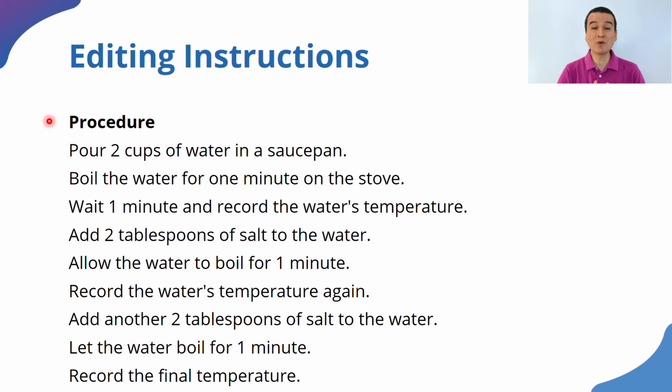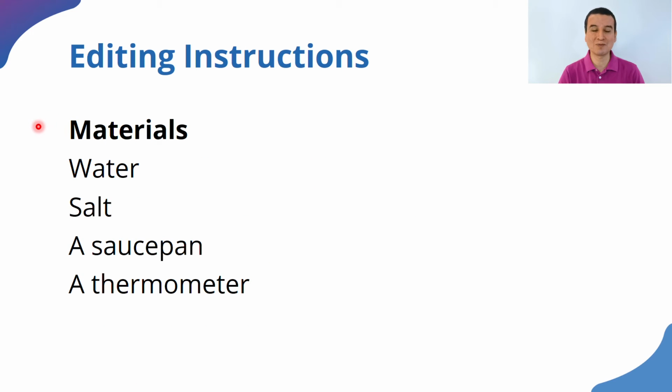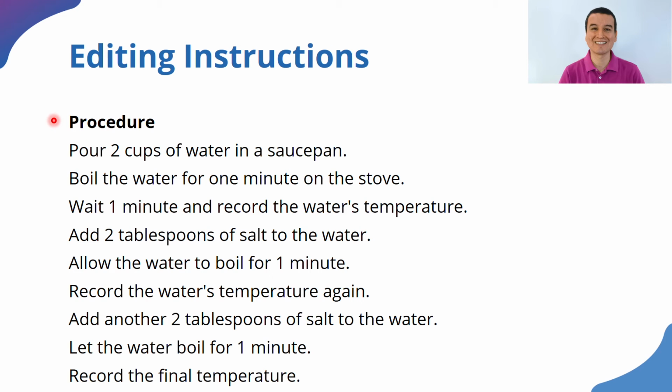All right. I am going to pause my video for you to practice your pronunciation. Listen and practice, please. Materials: water, salt, a saucepan, a thermometer. Procedure: pour 2 cups of water in a saucepan. Boil the water for 1 minute on the stove. Wait 1 minute and record the water's temperature.